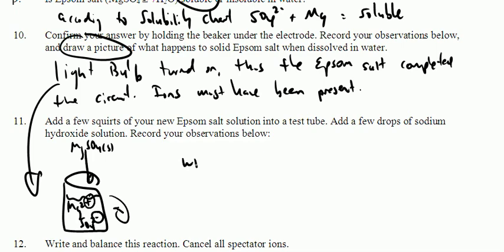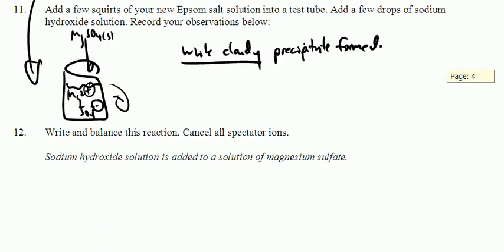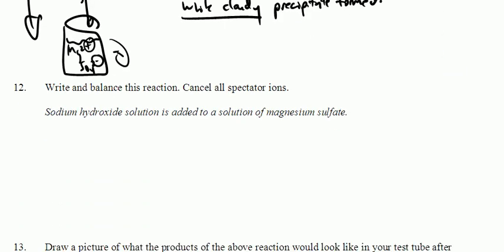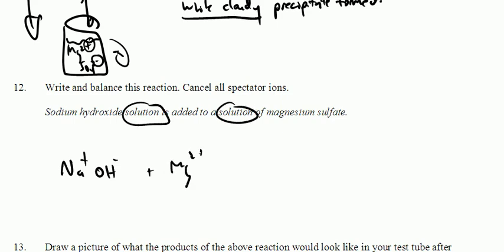Observations, you should have seen a white, cloudy precipitate form. Okay, write and balance this reaction, cancel all spectators. So solution of sodium hydroxide, Na plus OH minus, is added to a solution of magnesium sulfate, Mg2 plus SO4 2 minus.